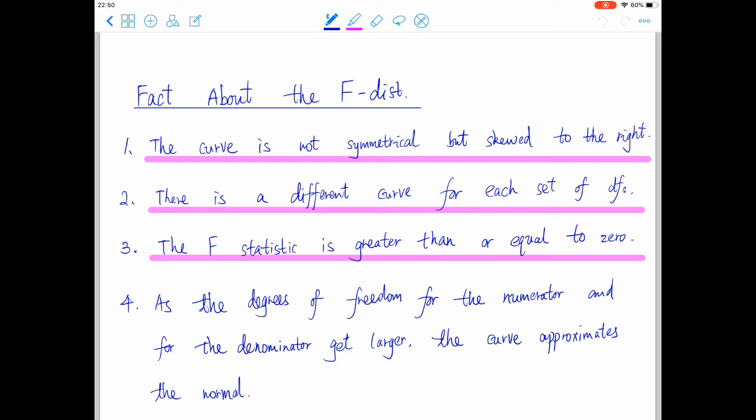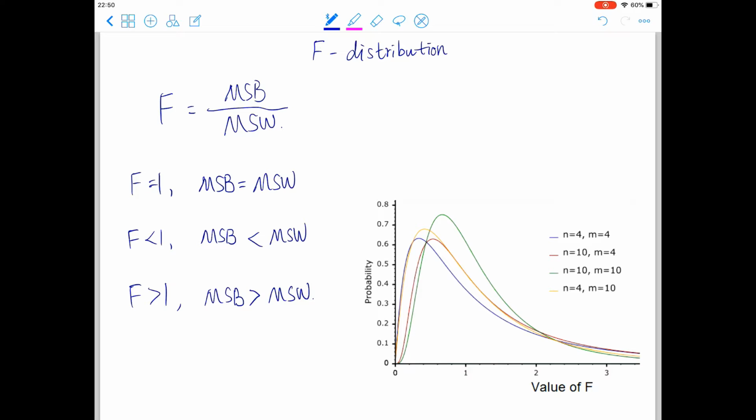As we can see, the curve is not symmetrical, since they may have different results, but it always skews to the right, since it should be positive. And also, there is a different curve for each set of degrees of freedom. In the previous slide, we can see that N and M are the degrees of freedom of the numerator and the denominator, and they may be represented by different curves. So the shape of the F distribution may differ.